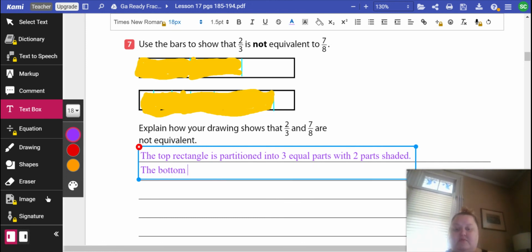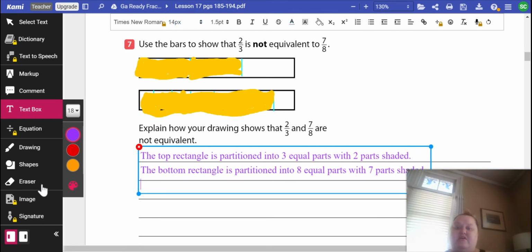The bottom rectangle is, let's right click and spell that correctly, is, I'm going to use my math language again, partitioned into how many equal parts? 8. Into 8 equal parts with 7 parts shaded.